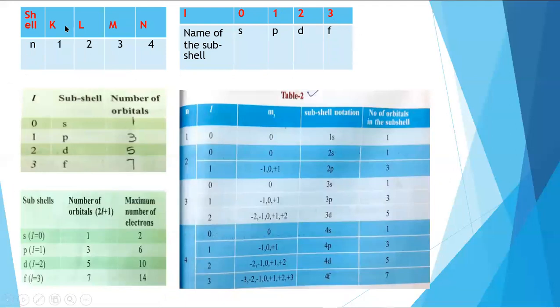This is the principal quantum number table, this is the angular momentum quantum number table, this indicates the number of orbitals, and this table indicates the maximum number of electrons. And this table indicates all three quantum numbers, that is the principal quantum number, the angular momentum quantum number and the magnetic quantum number.